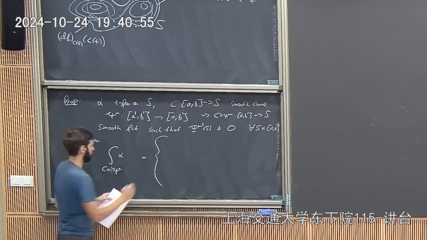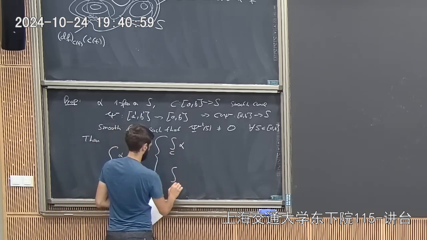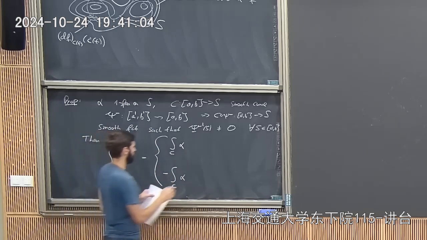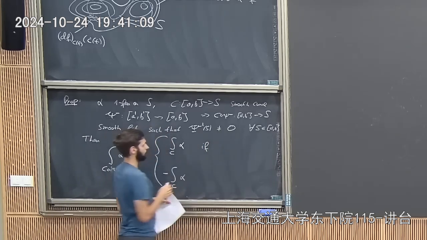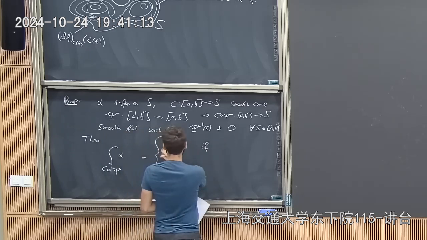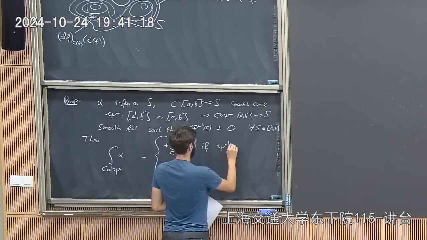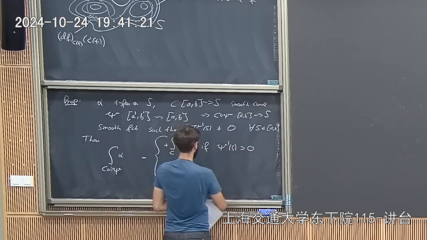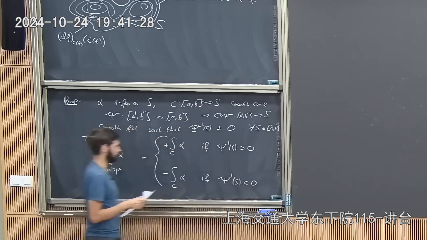Either we get the same result or we get minus the same result. And that depends on the sign of this derivative. Because it's non-zero, it's either positive or negative. So we get a plus sign here if the derivative is positive, and then we get a minus sign if the derivative is negative.